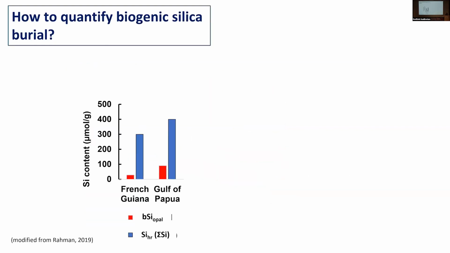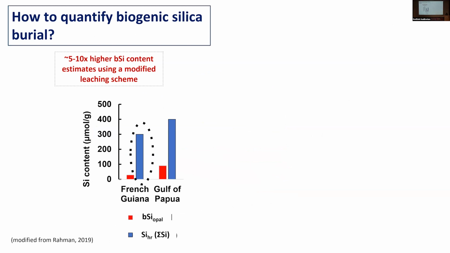So how do you quantify this? Typically, biogenic silica contents are assessed by leaching sediment. When the frustules become coated with these metal oxide coatings, it's really hard to dissolve that initial frustule. Depending on the type of leach, a traditional one or a modification, you can get estimates that vary by 5 to 10 times.